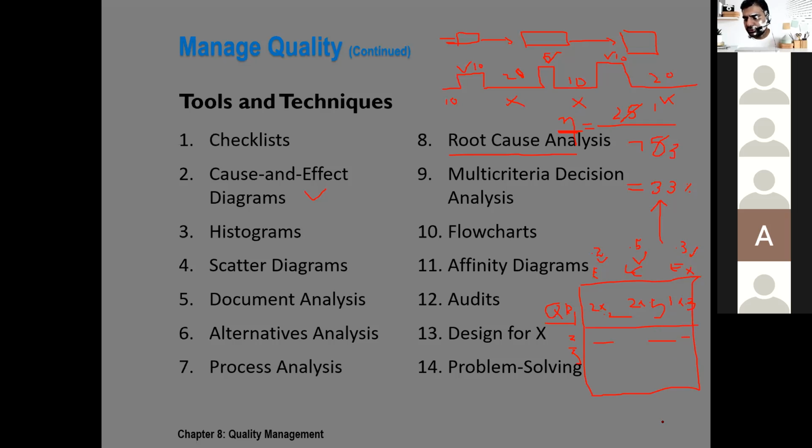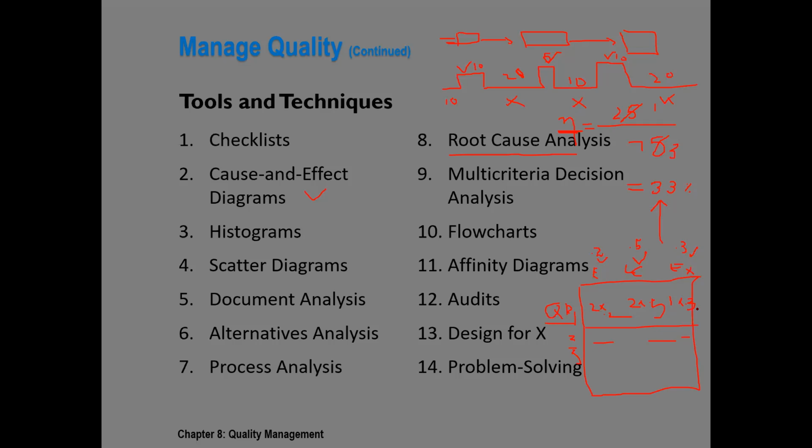Once everything is calculated, the next step is to calculate the total score for each quality requirement, and whichever quality requirement has the higher score will be chosen to be added to the project. Make sense?